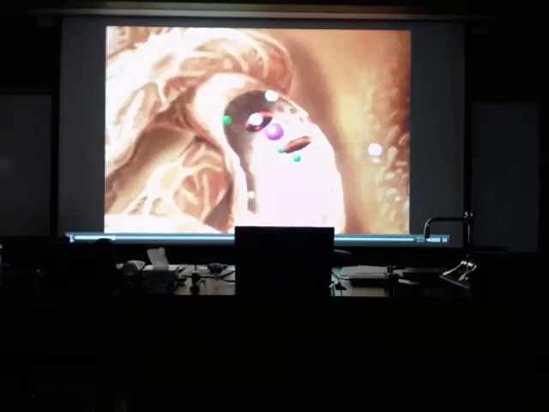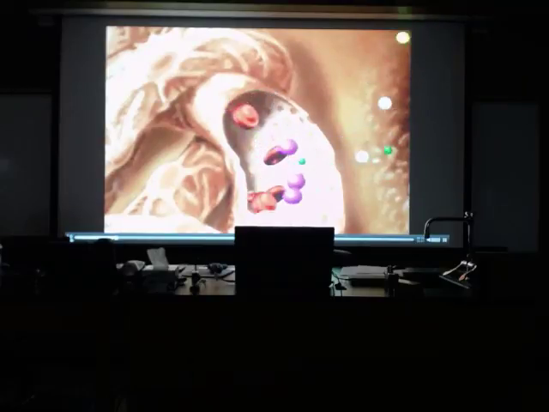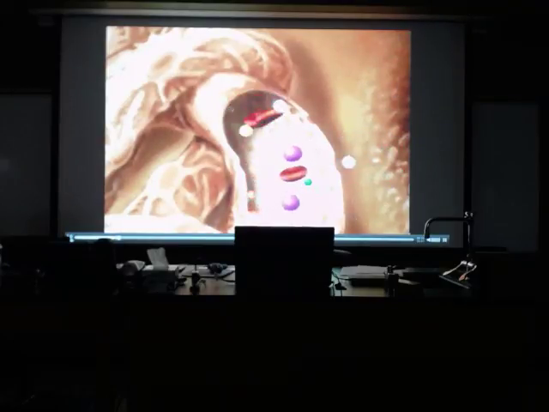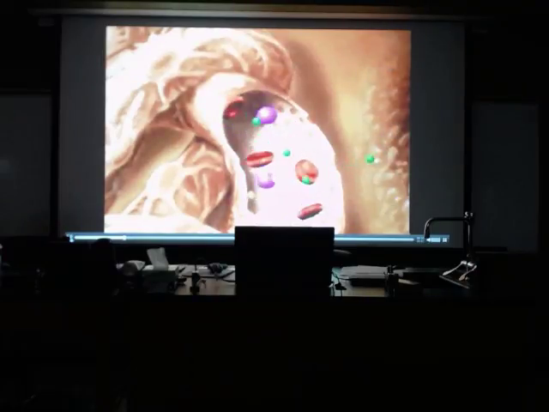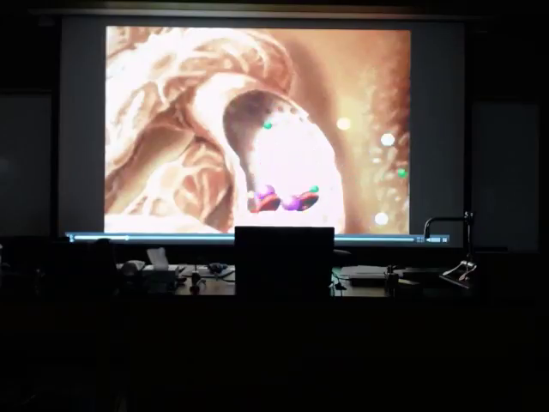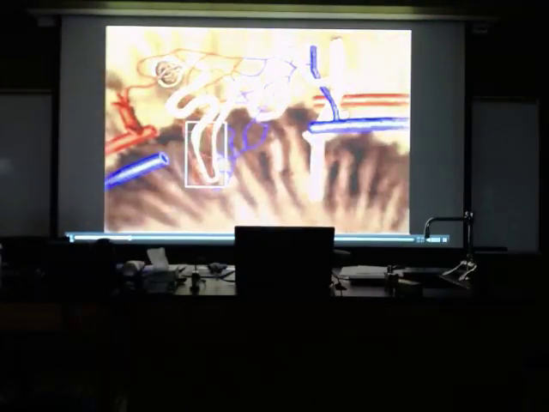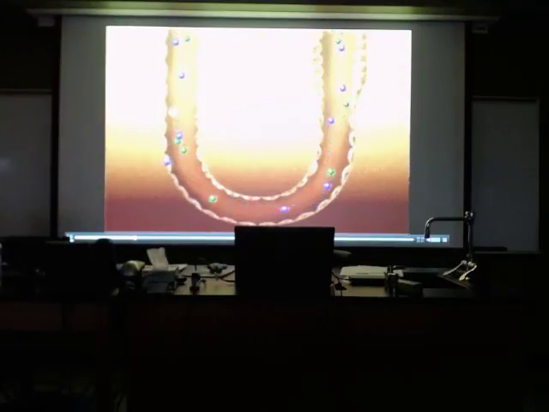Filtrates include water, ions, and other solutes, which are filtered out of the blood and into the capsular space to begin urine formation. Urine passes into the proximal convoluted tubule, then into the nephron loop. The nephron concentrates urine by the process of the countercurrent multiplication system. The countercurrent multiplication system is basically the means by which water and sodium are extracted from the filtrate as it passes through the tubules toward the collecting ducts.